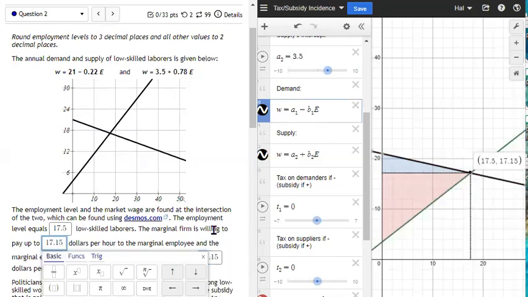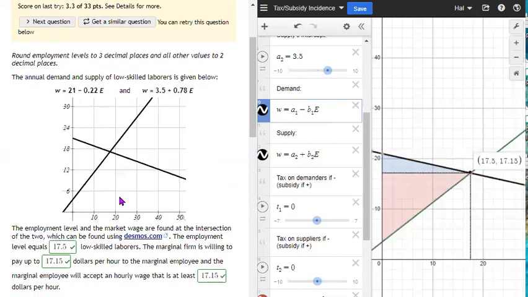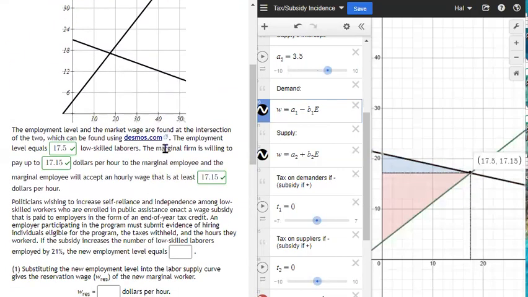So the employer surplus that accrues to the marginal firm for hiring the marginal employee is zero, because that marginal firm is going to hire that last marginal worker at a wage equal to the market wage.